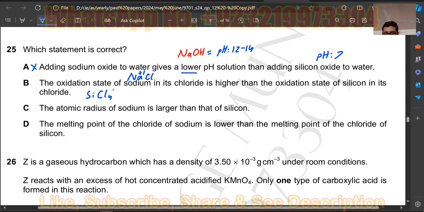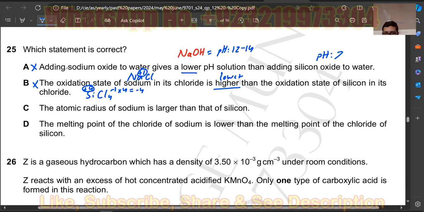Now if this is the compound, then chlorine has -1 for one atom, and for 4 it will become -4. So to balance it, the silicon should have +4. So now it is again incorrect, because the oxidation state of sodium is +1 as compared to silicon, which is +4. So it is not higher, it should be lower. B is incorrect.